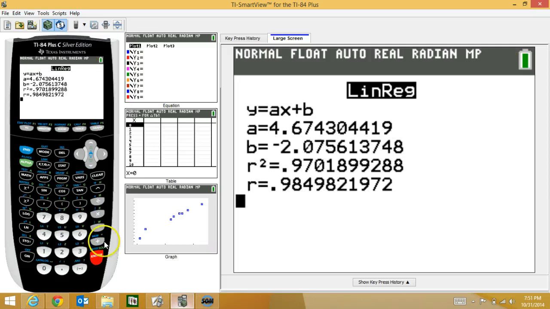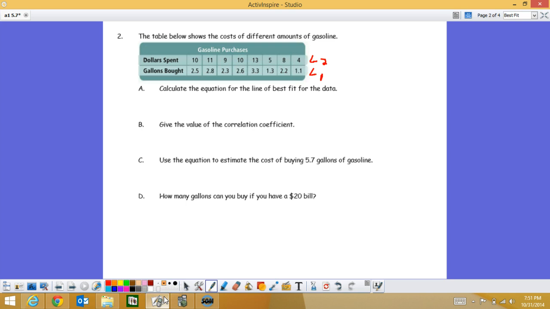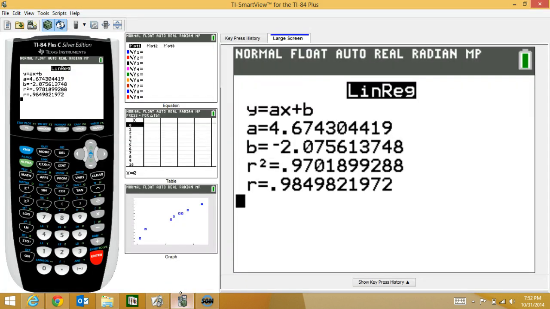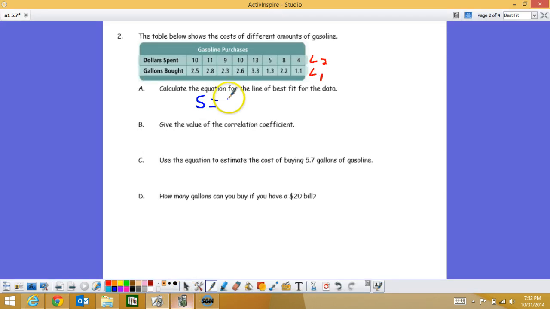So here's the equation. It's basically 4.67 g minus 2.08. So our equation is the dollars spent equals, and when we go back to our calculator, we've got 4.67 times the number of gallons.